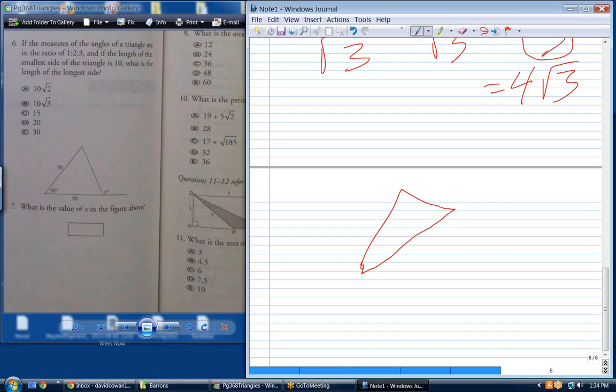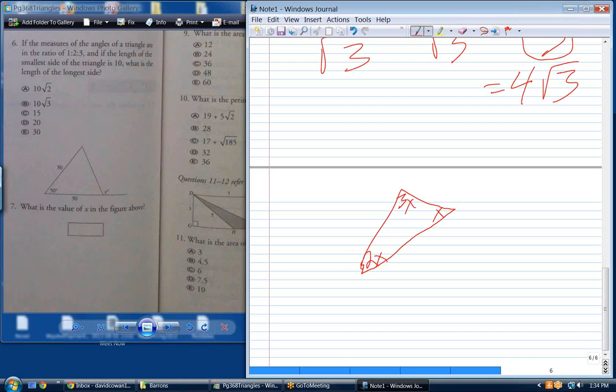I'm not really sure how that will work. Okay. Let's call those angles x, 2x, and 3x. Yeah, because that's the ratio. So what is x going to be?